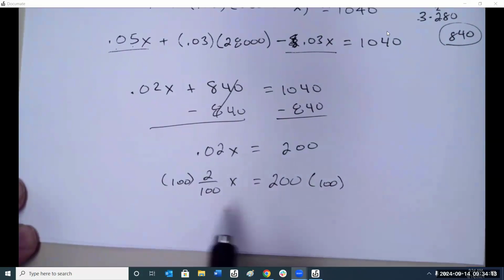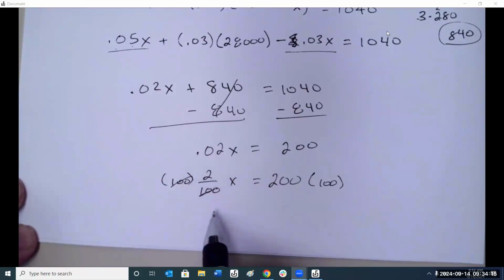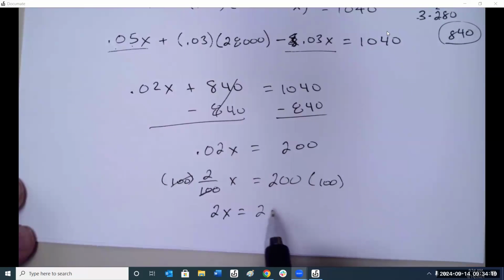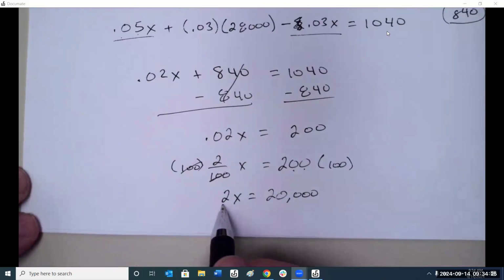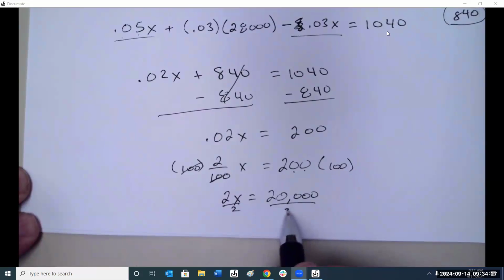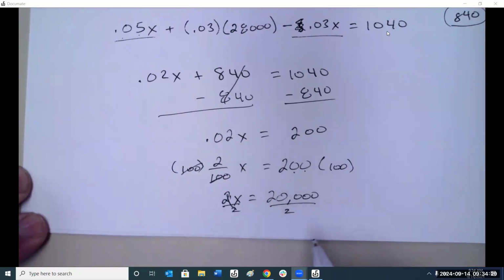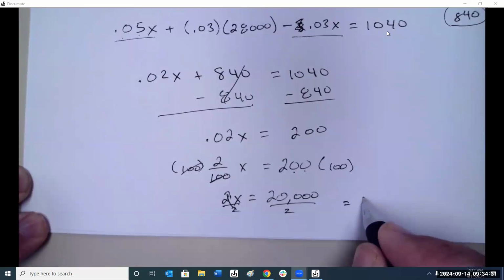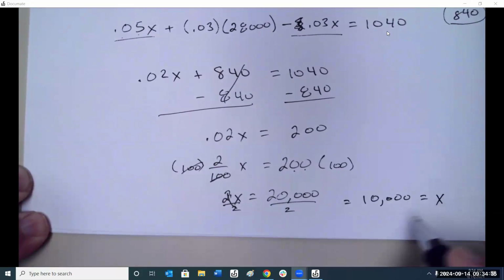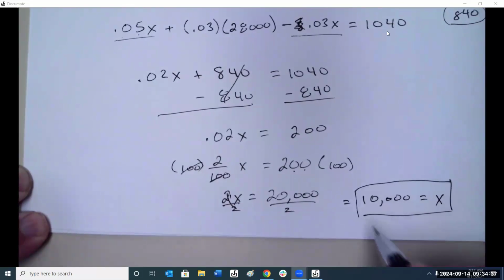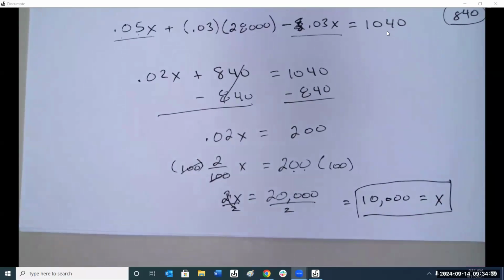Multiply both sides by 100. So it's 2 with 1, 2, 3, 4 zeros. So x equals 10,000.